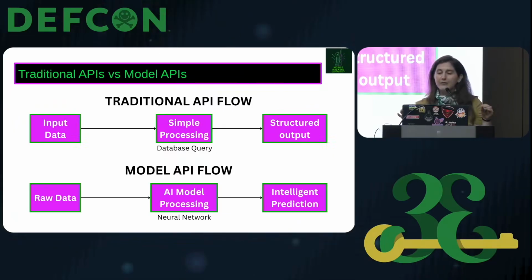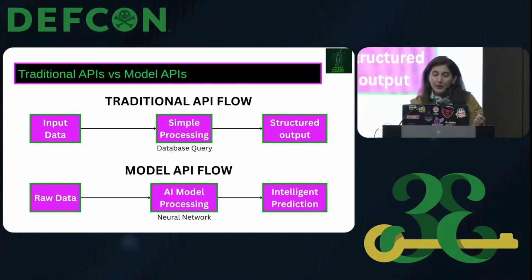Traditional APIs are generally lightweight and fast, but model APIs need more resources and sometimes special hardware. Another difference is predictability. With a traditional API, if you send the same input, you always get the same output. It's deterministic. But model APIs can be probabilistic. Especially with generative AI, you might send the exact same input twice and get different results.